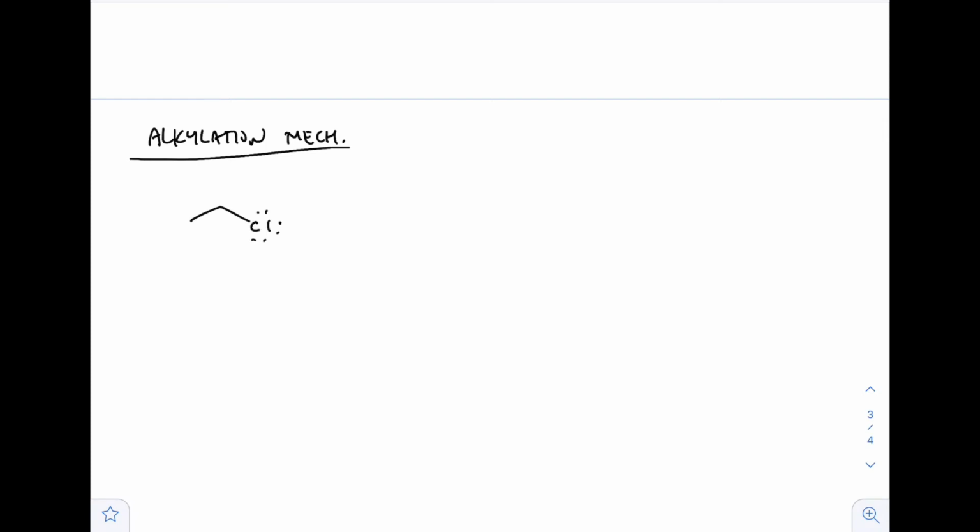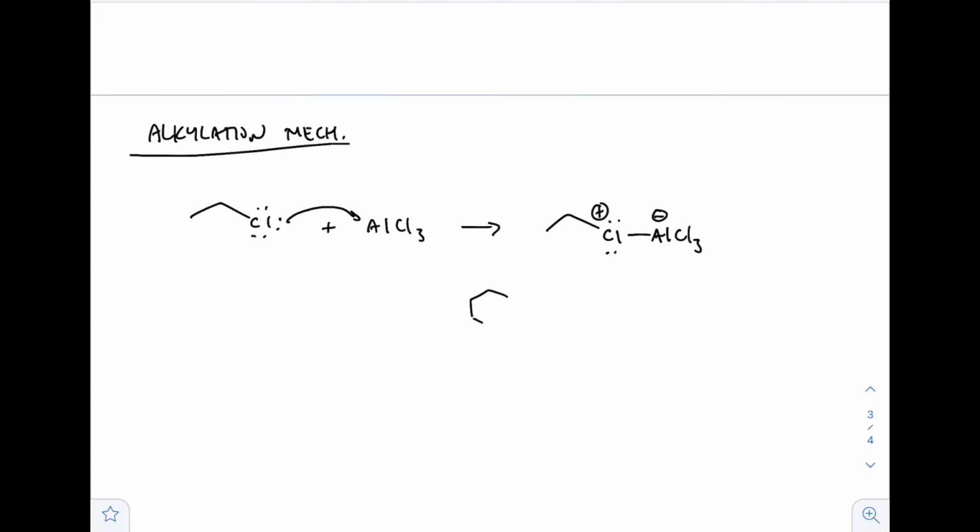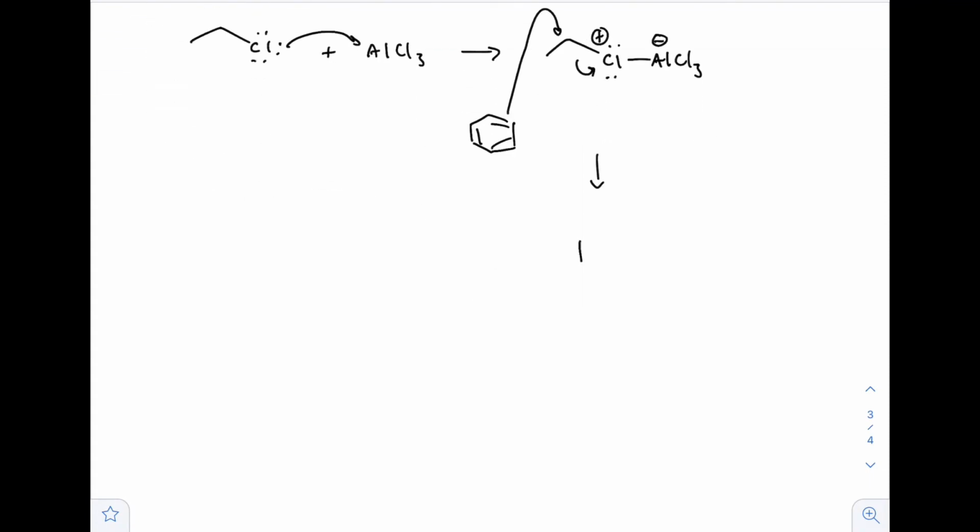Okay. Alkylation mechanism. So this one can get tricky, so pay attention. It's generally the same process as you might expect, where the chlorine attacks the Lewis acid aluminum complex, right? You make this intermediate right here, this positively charged chlorine, which obviously doesn't want to be positive, and so you can have something come along and attack that carbon, which would also be delta positive because it's next to a positively charged chlorine, which is more electronegative, and it kicks that out.